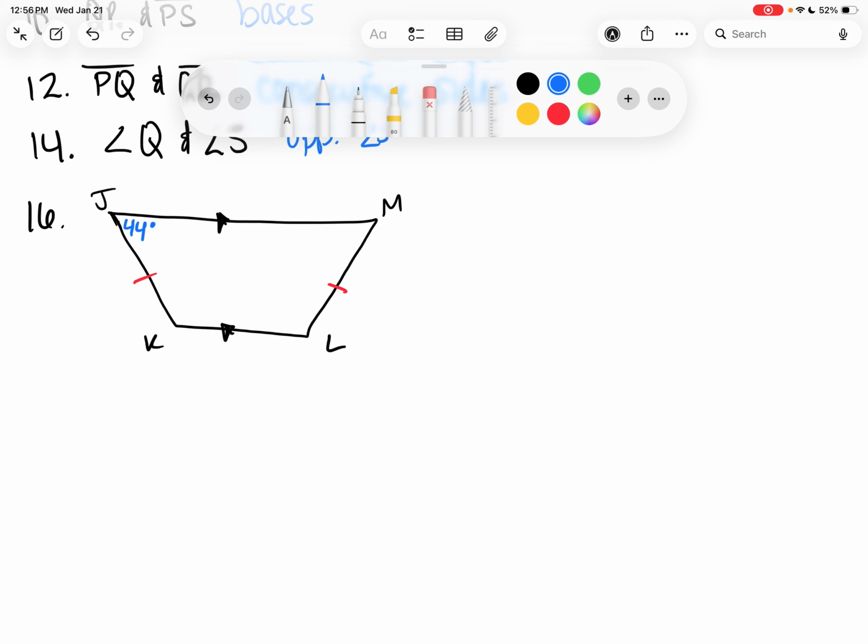So if I know that to be true, what does that mean about angle M? It's congruent to angle J. Yep, angle J is congruent to angle M. So the measure of angle J is equal to the measure of angle M, which means that's equal to 44 degrees.